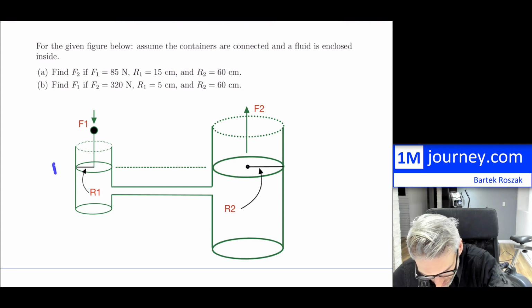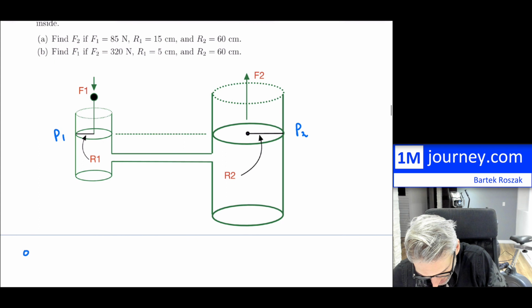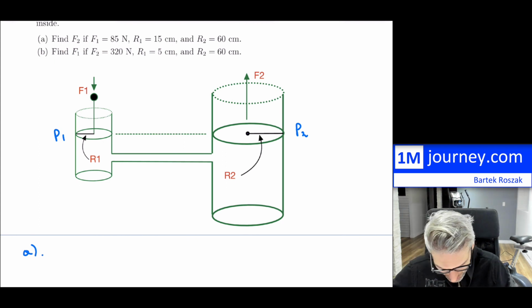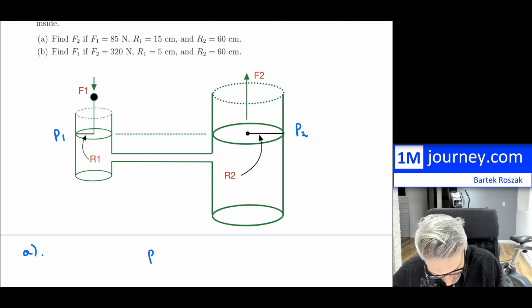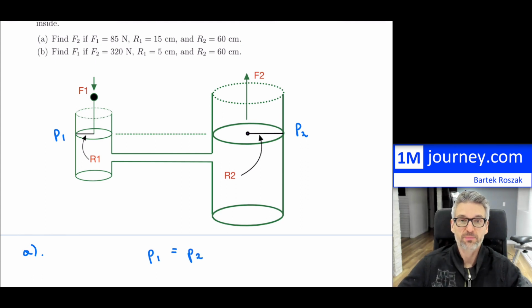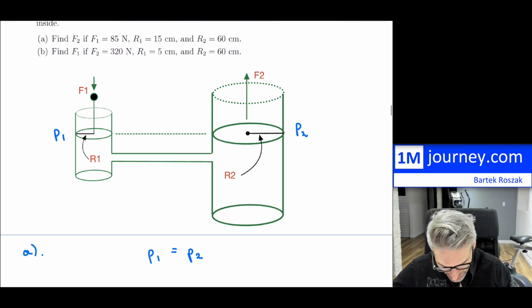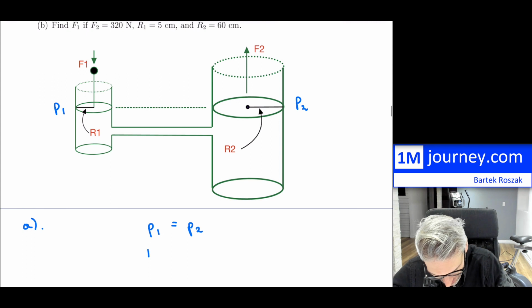As I said, let's designate this as pressure P1 and then pressure P2. So this is for part A. Now, since we have the figure, I don't have to really draw anything. So we know that pressure P1 is going to be equal to the pressure P2. Whatever we have in there, that pressure gets passed along, and this is the gauge pressure that we would have. Now, pressure is nothing else but the force divided by the area.